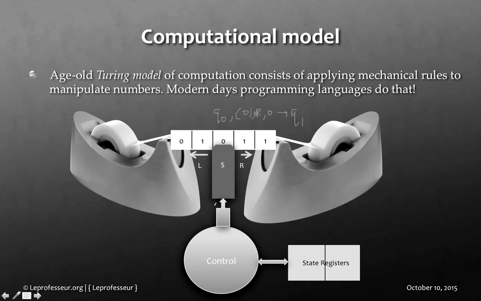The state machine control, or your program, controls the head based on the input read and takes the decision, storing which state I was in and what I was doing on some working area or state registers. So that's the basic computational model.